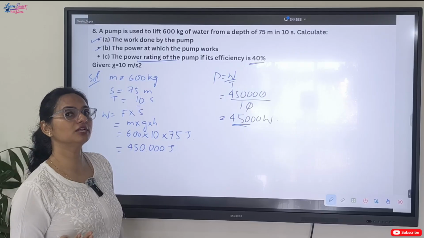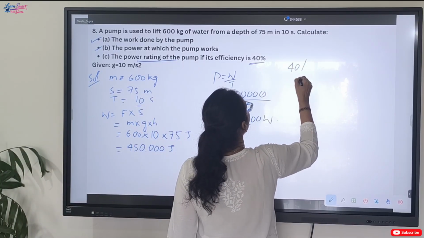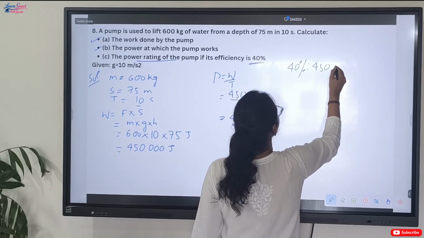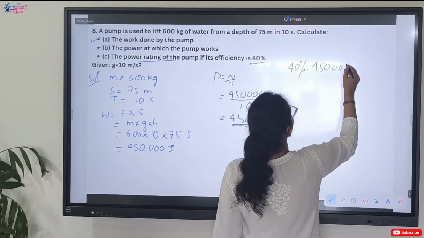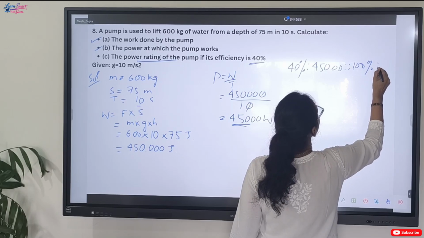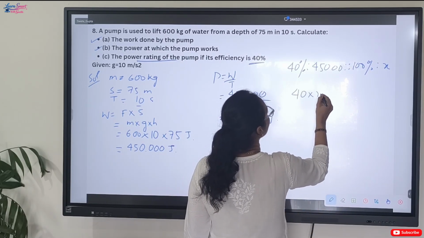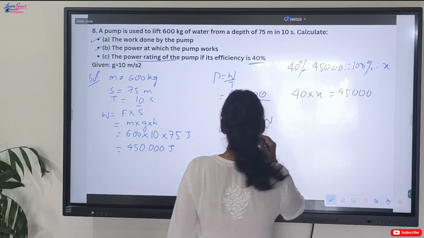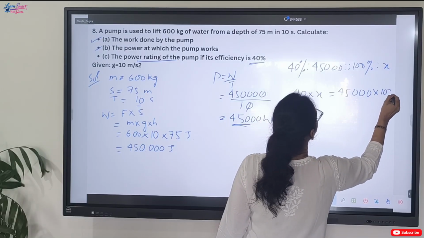How do we do it? We can use the ratio method. That 40% is equal to 45,000. So 100% equals how much? So that is X, and just calculate. 40 into X is equal to 45,000 into 100.